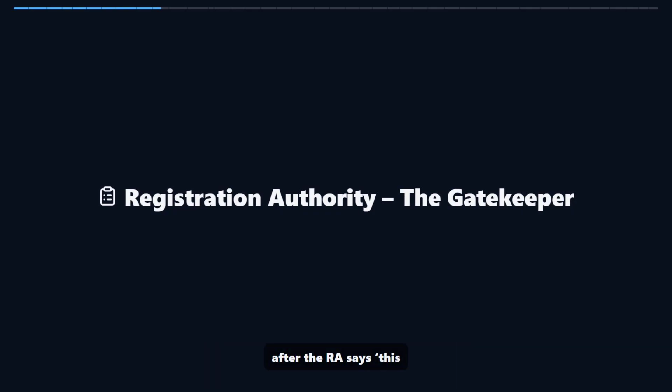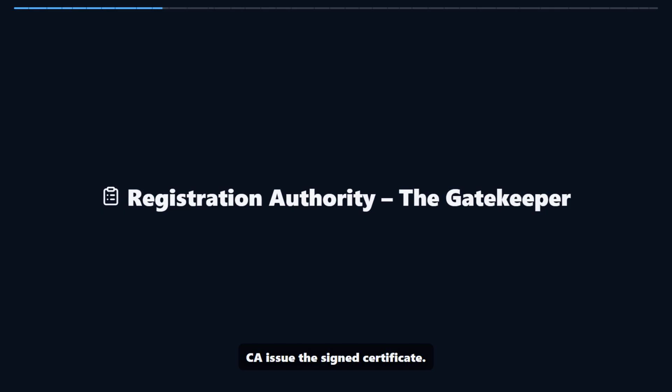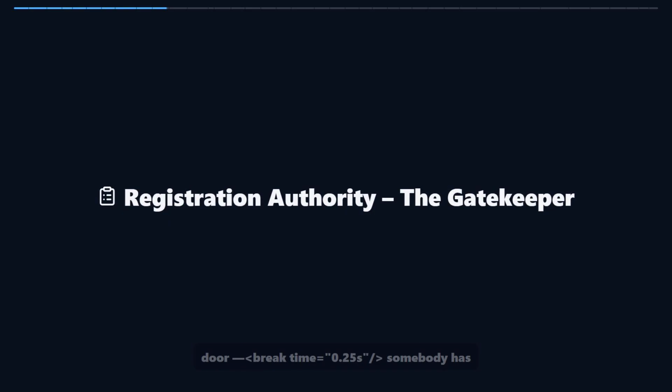Only after the RA says, "This identity checks out," does the CA issue the signed certificate. Without this split, anyone could claim to be Google.com and get a valid certificate. That's the whole reason we don't hand out certs at the door. Somebody has to verify the person behind the request first.